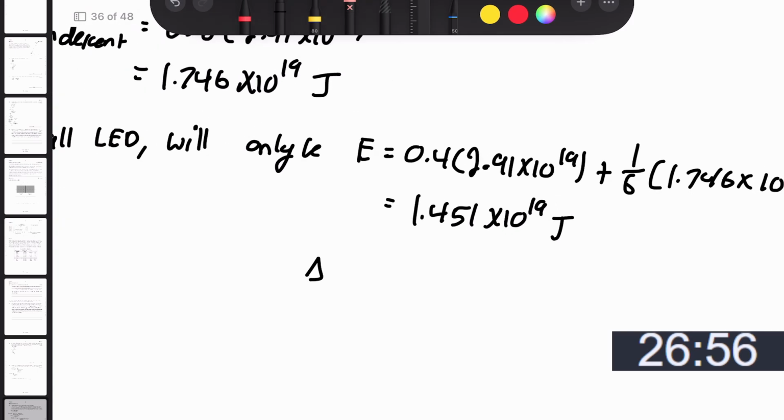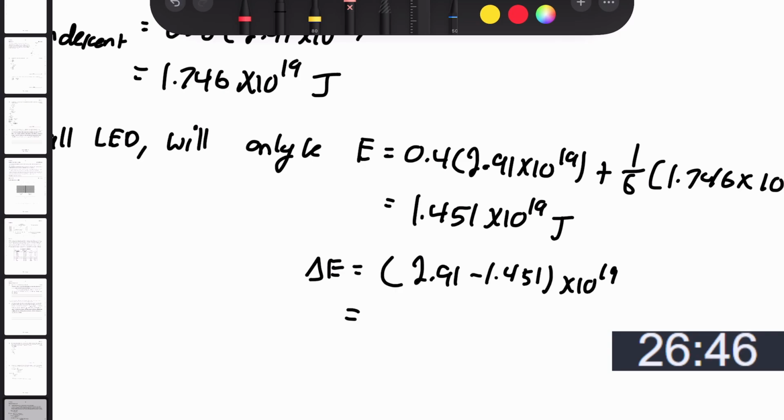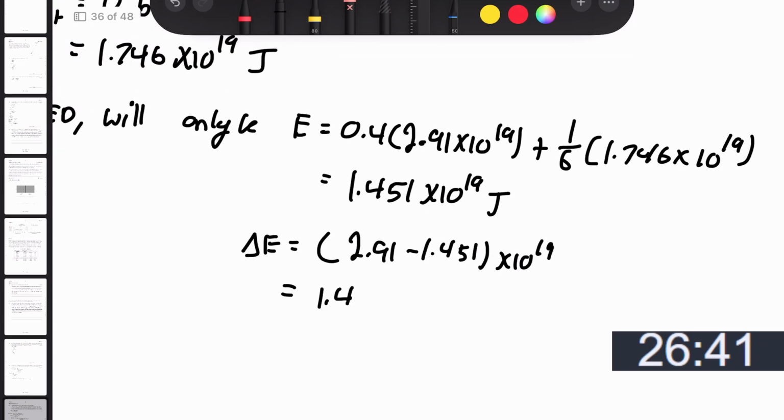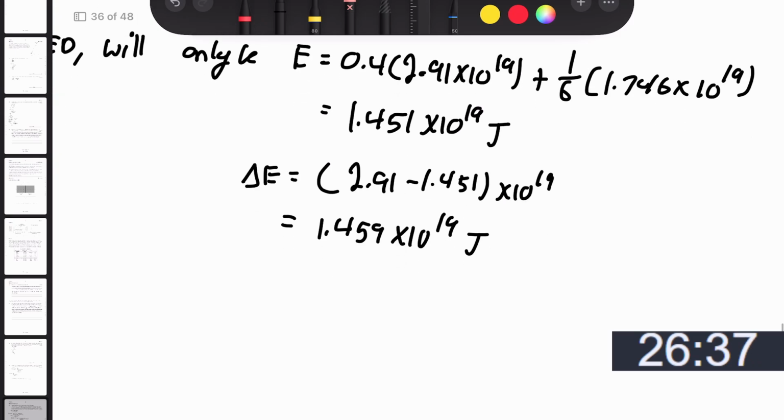So then delta E is this 2.91 minus 1.451 times 10 to the 19, so 1.459 times 10 to the 19 joules.